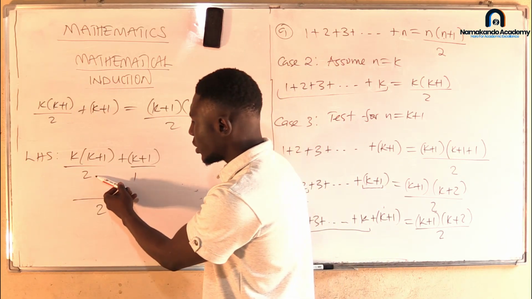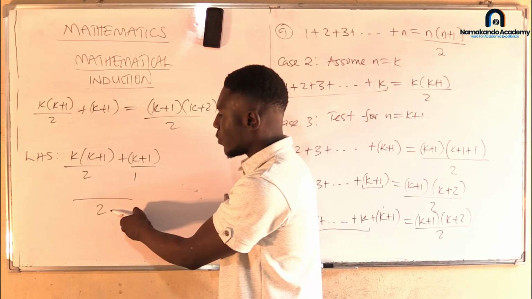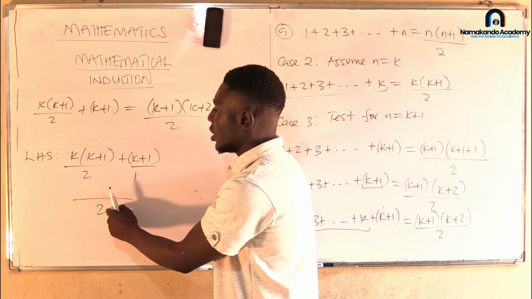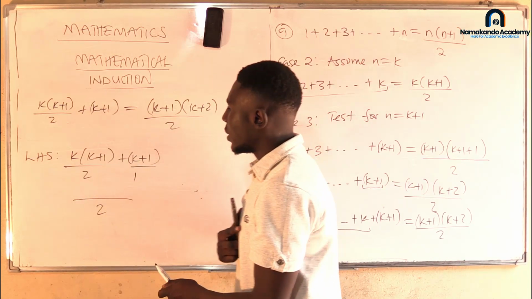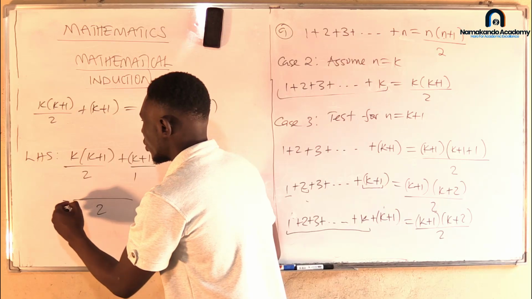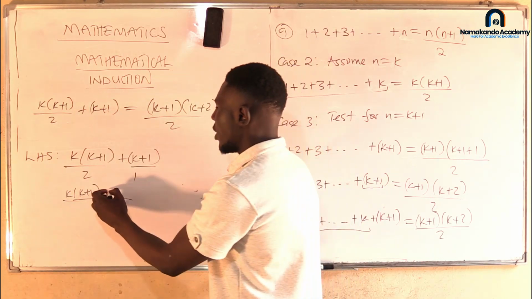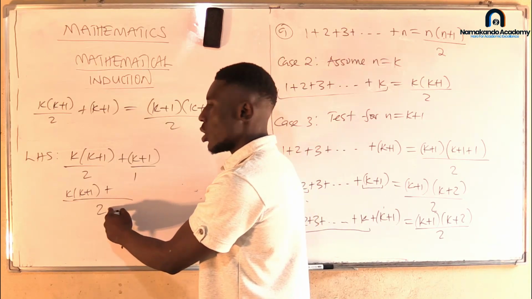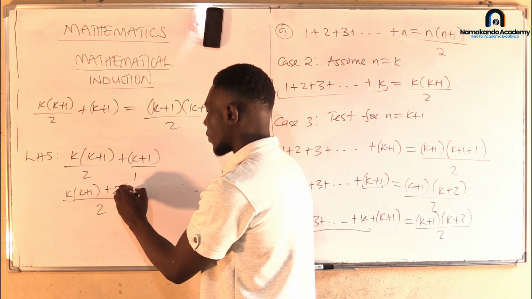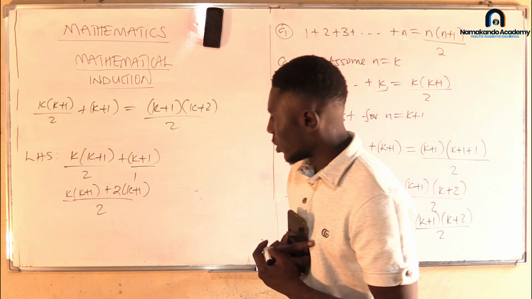You simply divide the denominator of the first fraction into the lowest common multiple, which is 2. 2 into 2 gives us 1, then this 1 multiplies with the numerator, and when you multiply any value by 1, it gives you that same value. So we obtain k times k plus 1, then plus. 1 into 2 gives us 2, then 2 multiplies with the numerator, k plus 1. This is our result. Okay, hope you are following me closely.